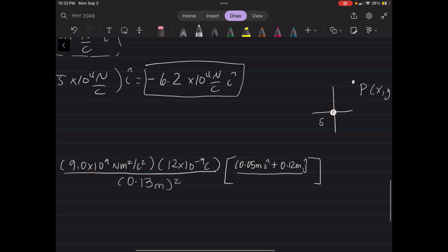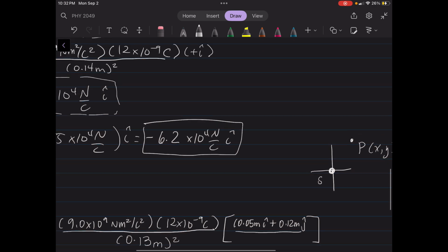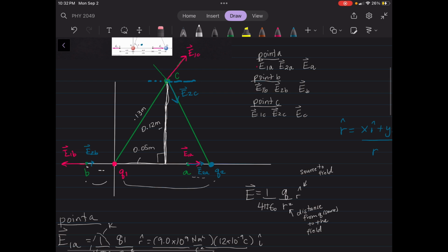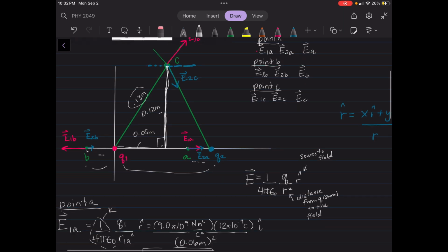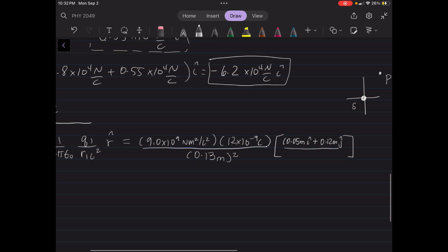The distance between the source and the point, or in terms of the triangle, the hypotenuse of that triangle that gives you your point XY, which is 0.13. So that's how we have converted the r hat to XY coordinates.